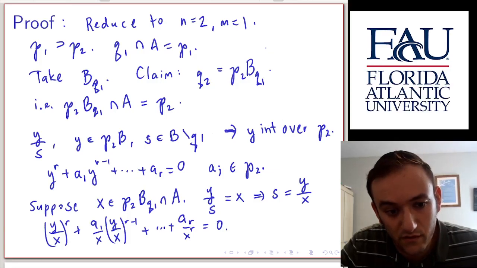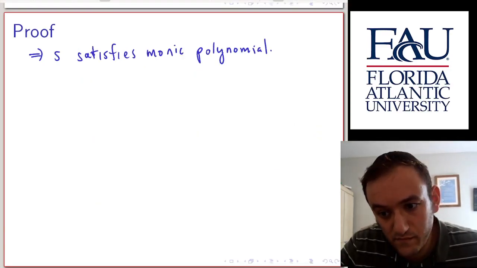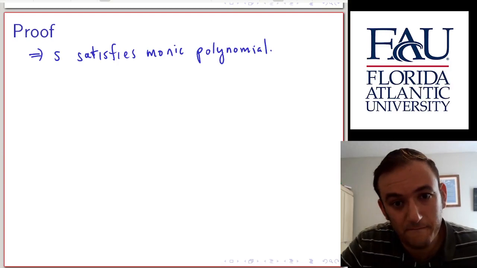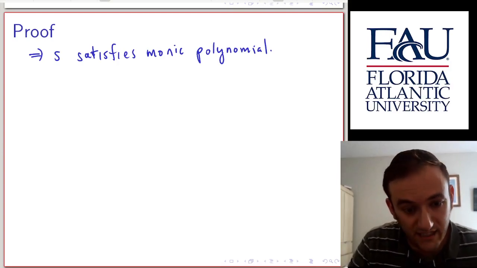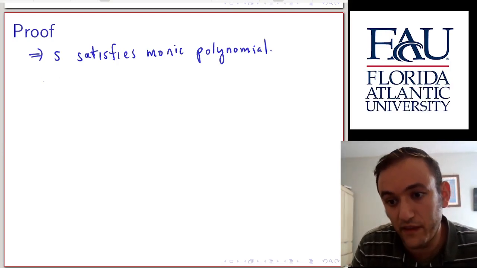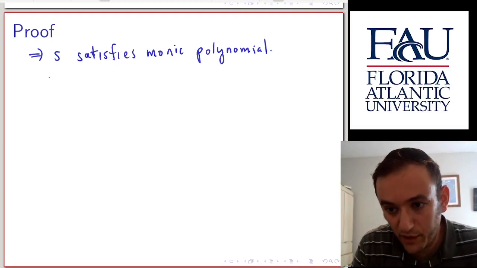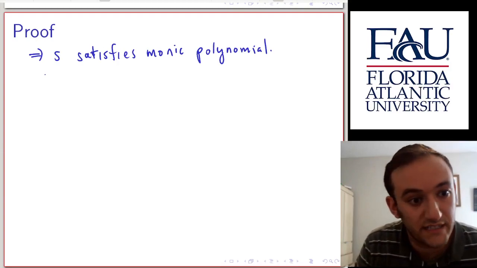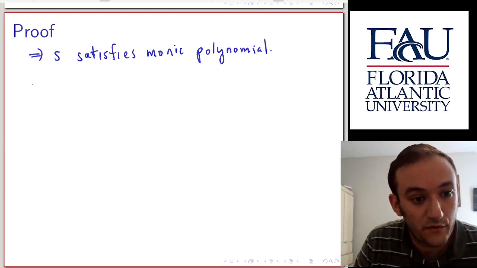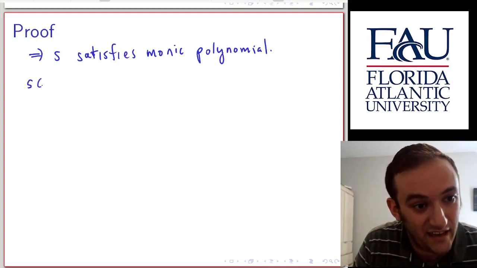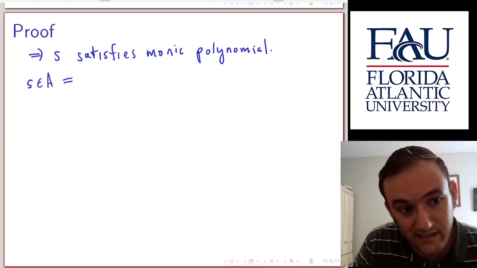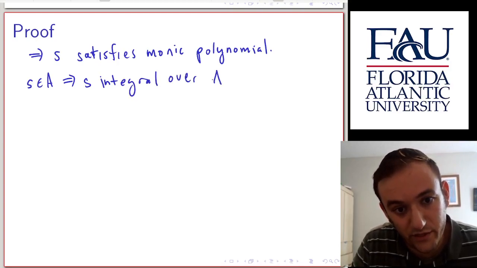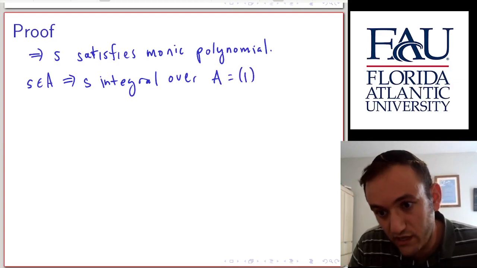So, using the result that we had regarding minimal polynomials and how their coefficients are forced to be in a particular ideal, the fact that s is in A means s is integral over A, and in the language of ideals, it's integral over the unit ideal.